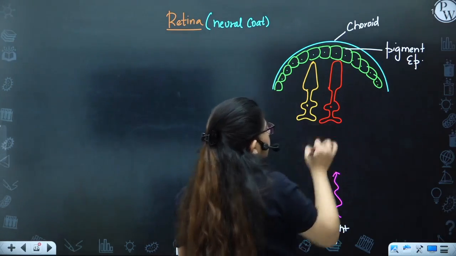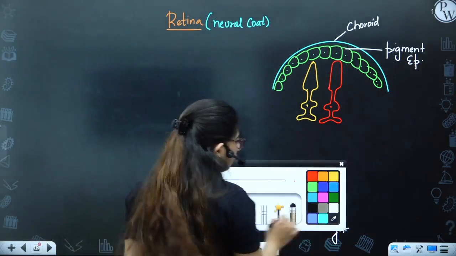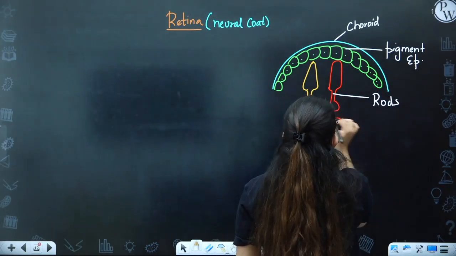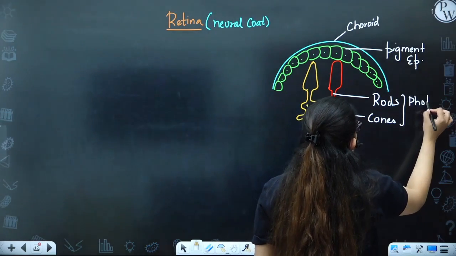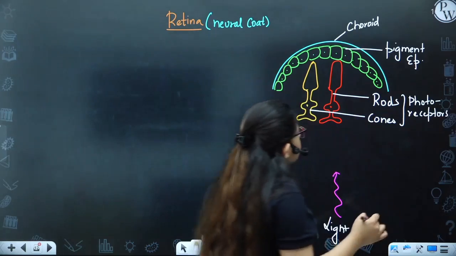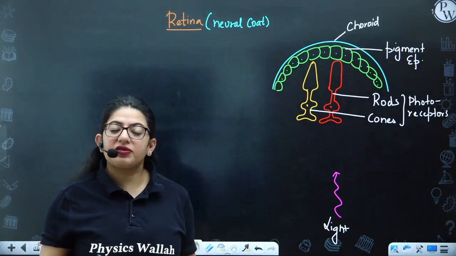What is a photoreceptor? These are the sensory receptors of the eye. These are rods, and these are cones. They are collectively known as photoreceptor cells. They are a kind of modified bipolar cells, and they form synapses with the other neurons here.